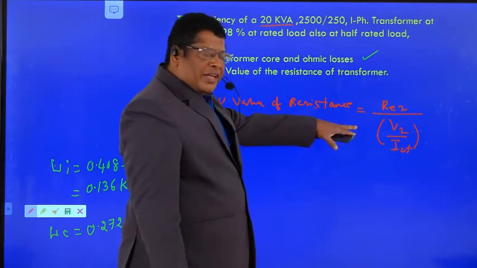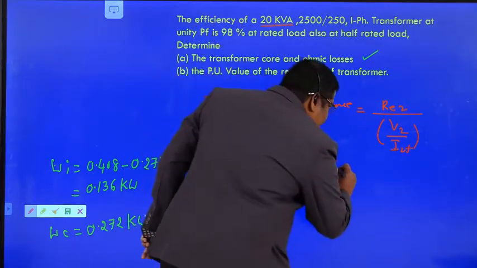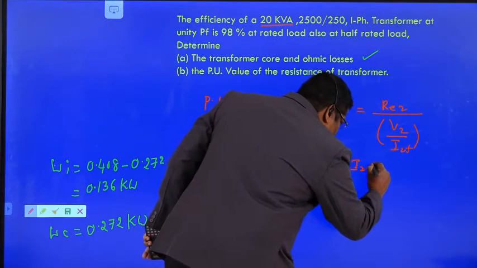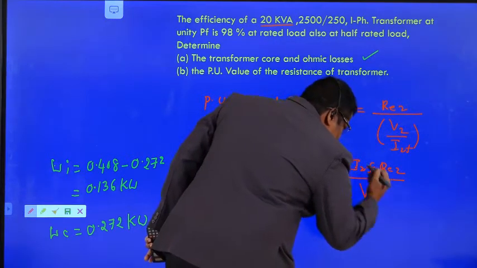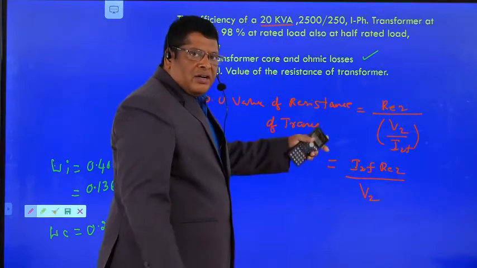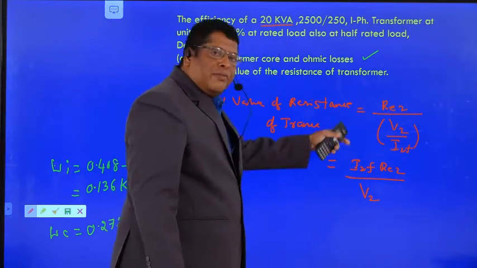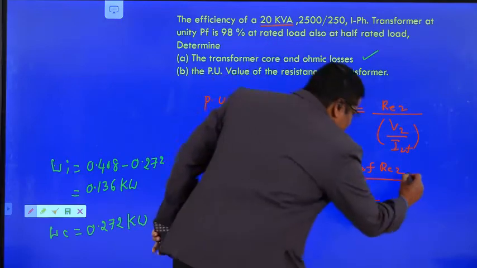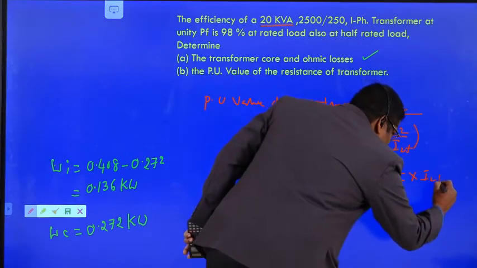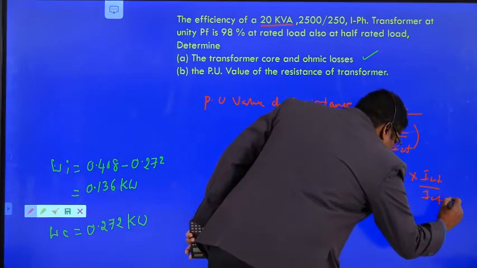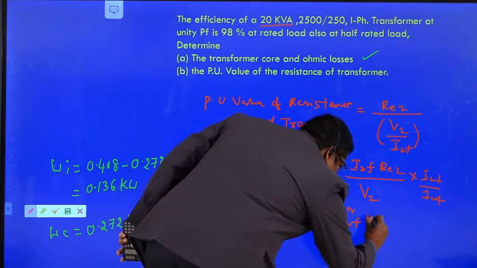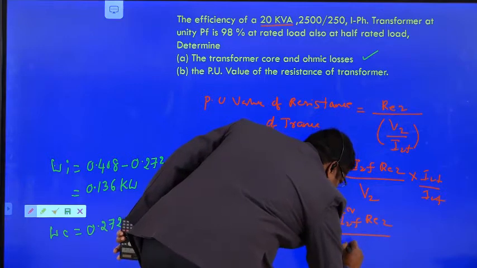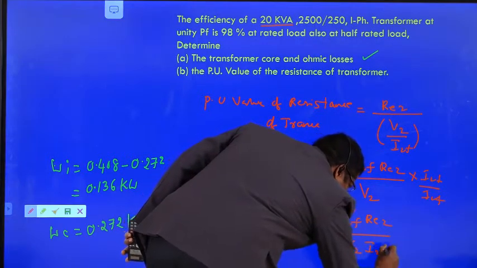Now if we rewrite this equation, we can write it as I2 full load into Re2 divided by V2 by I2 full load, multiplying numerator and denominator by the full load current I2F, which equals I2F squared Re2 divided by V2 into I2F.